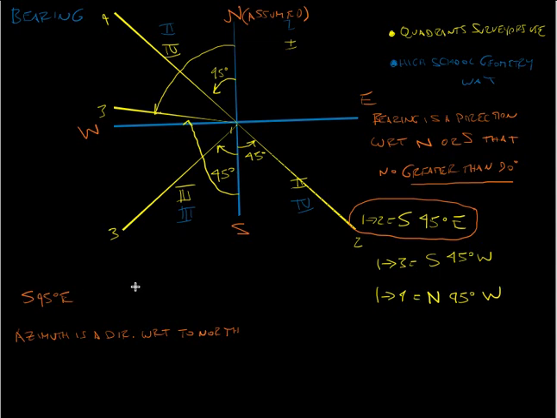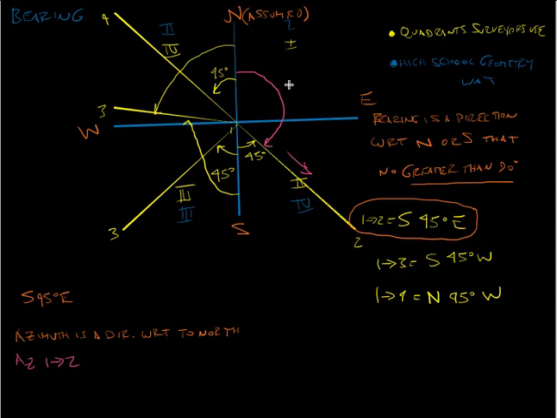Okay. So to align the azimuth from 1 to 2, remember our bearing from 1 to 2 was south 45 east. An azimuth is with respect to north, so it would be from north going this way, from 1 to 2. How could we compute this angle?